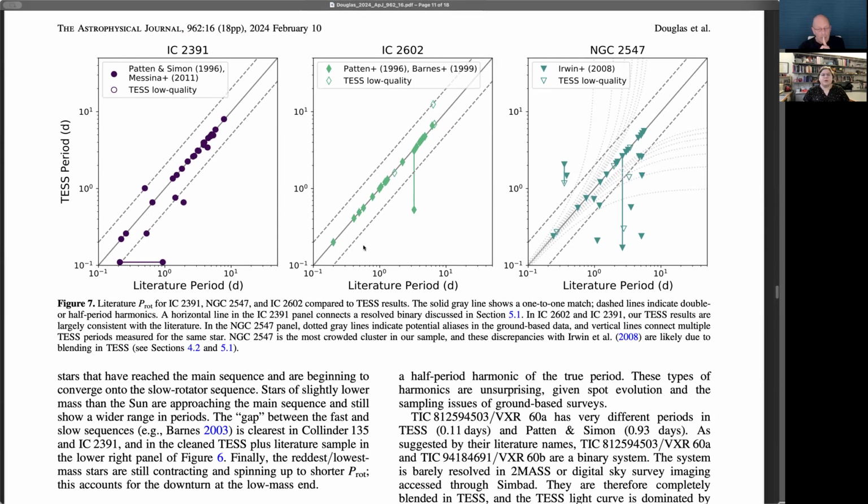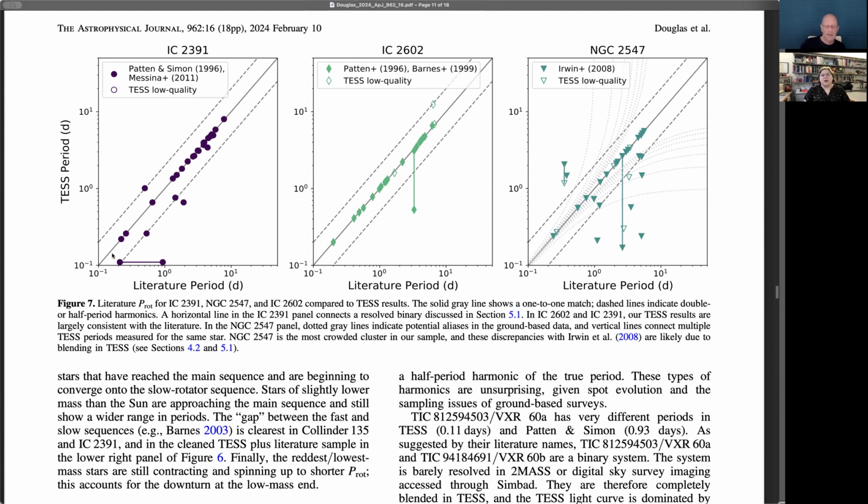There's one interesting one down here in IC 2391, the 2 dots connected by a line. That's where we have 2 periods from Patten and Simon, but the 2 stars of this binary are blended in TESS. So we only measured one, a shorter period in TESS, but in reality, it's actually 2 stars, and we only caught one of them.